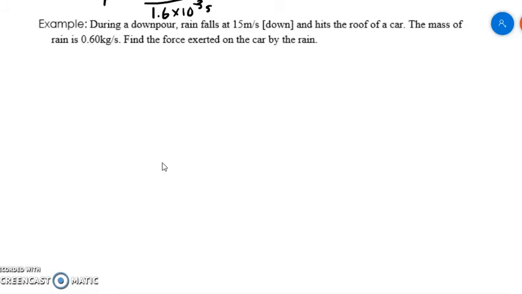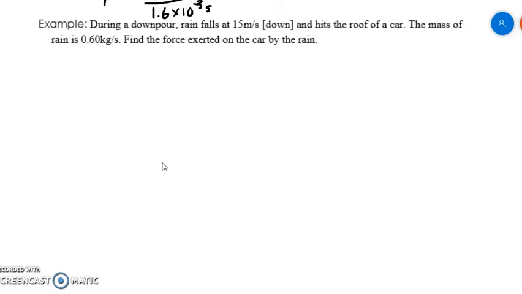Example 2. During a downpour, rain falls at 15 meters per second down and hits the roof of a car. The mass of the rain is 0.6 kilograms per second. Find the force exerted on the car by the rain.